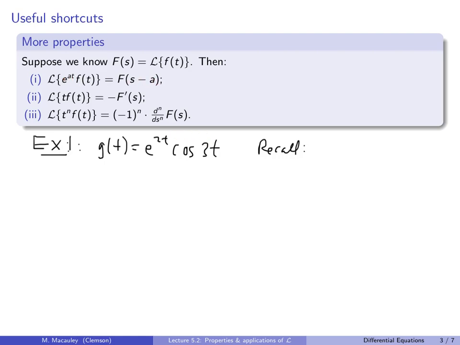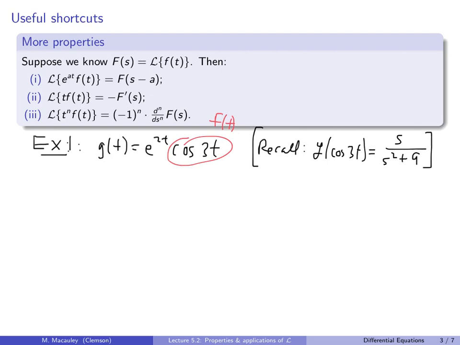So we're going to let this be our f of t. And we know the Laplace transform of that from our table or from the previous lecture. That the Laplace transform of cosine 3t is, oh no, it's not s squared, it's s over s squared plus 9.